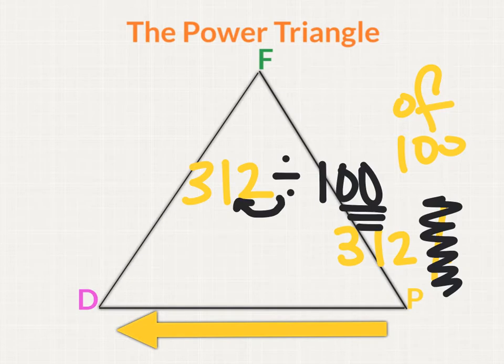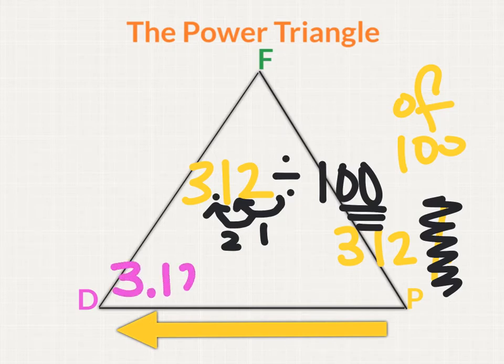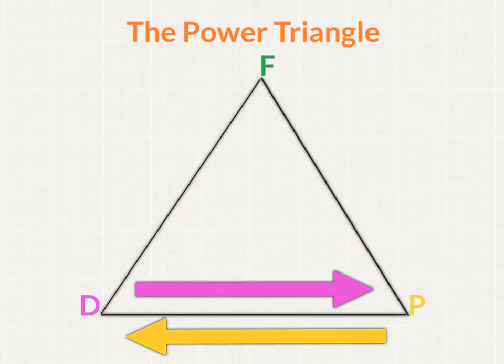So 1 time takes it here, a second time takes it there, so that we know the decimal equivalent to 312% is 3.12. So 3 and 12 hundredths. 3 wholes and 12 hundredths is equivalent or the same value as 312%. So let's go ahead and wrap up this lesson.